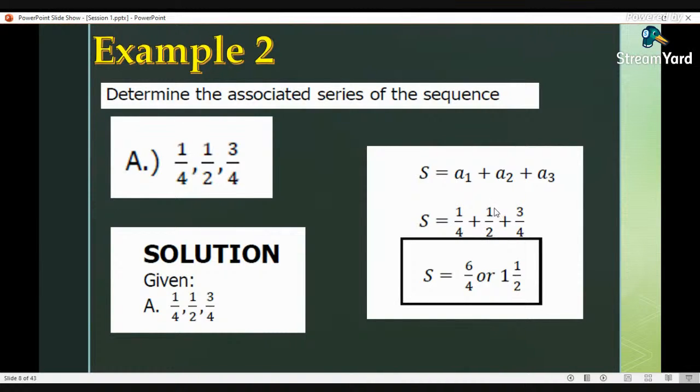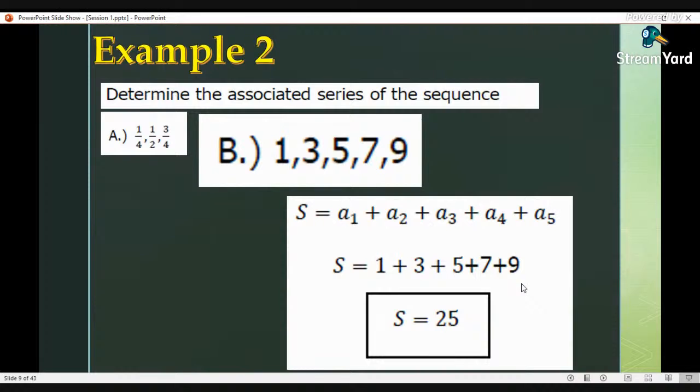And 1/2 will represent 2 over 4. So if we are going to add 1 plus 2 over 4 plus 3, 1 plus 2 is 3 plus 3, that is 6. 6 over 4. Or if we are going to simplify that, that would be 1 and 1/2.